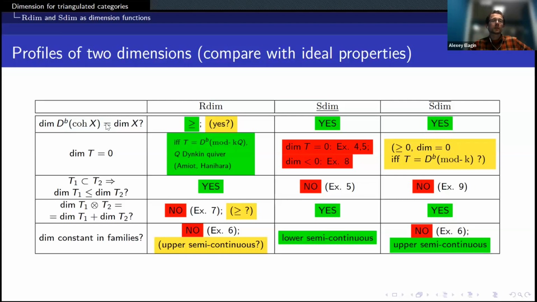That's called Orlov's conjecture, and even if this is so, this is a very complicated question. At least the dimension of the category is at least the dimension of the variety.